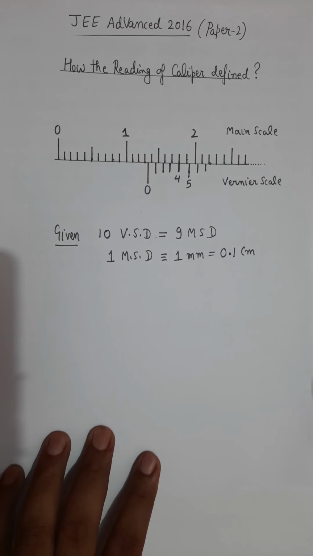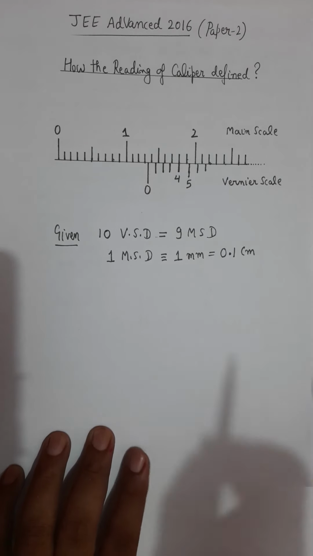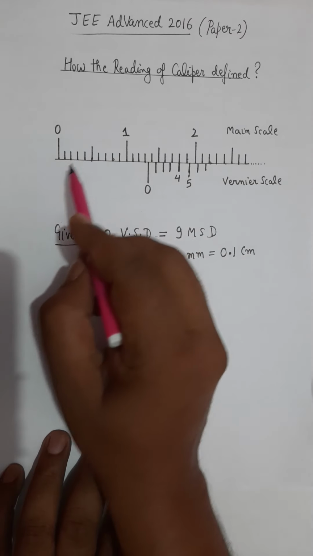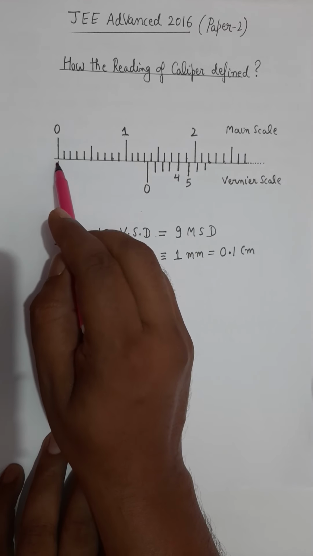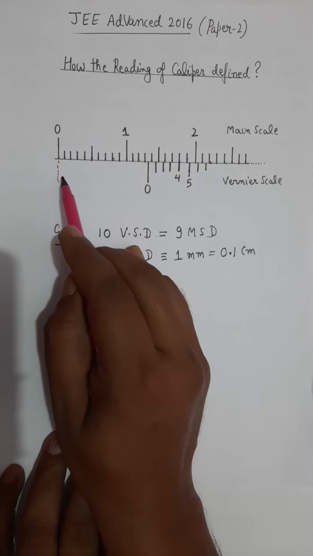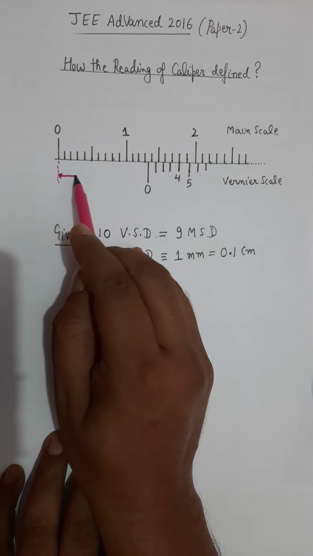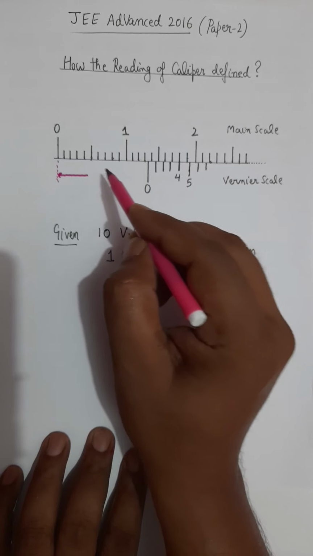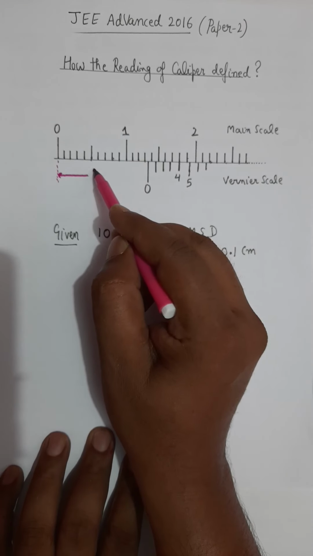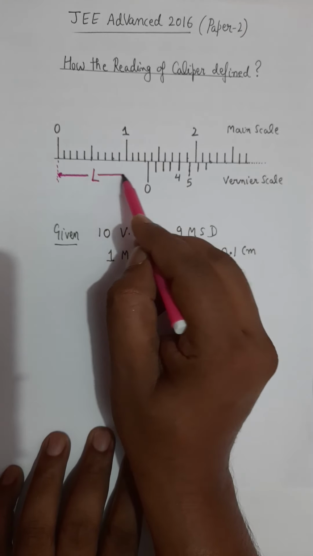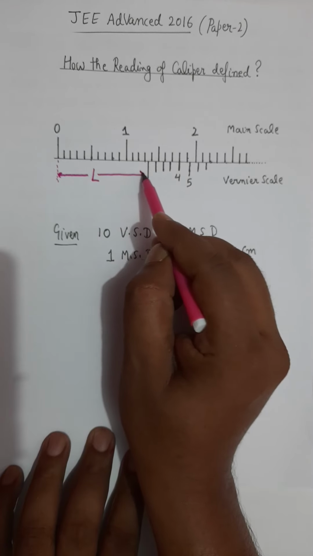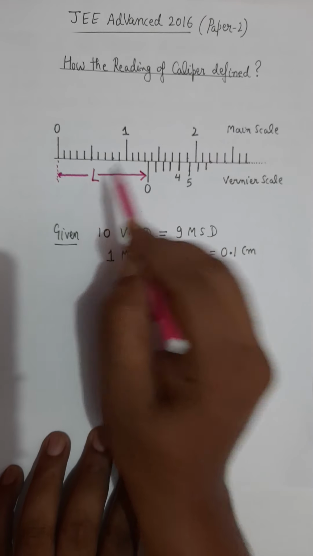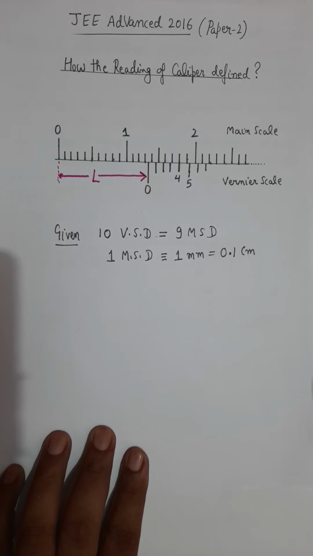You define the reading of Vernier scale as the separation between the 0 mark of the main scale and the 0 mark of the Vernier scale. If I call it capital L, remember in all experiments this L is the reading of Vernier scale.